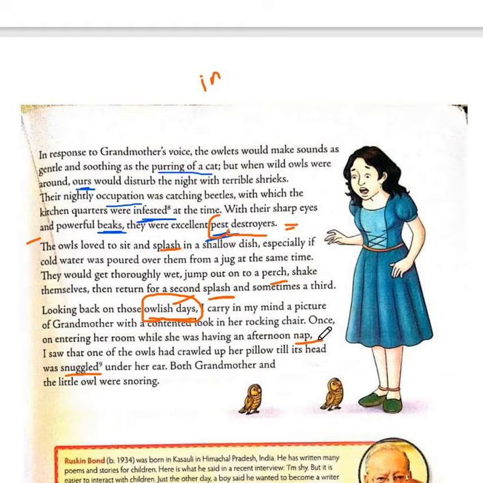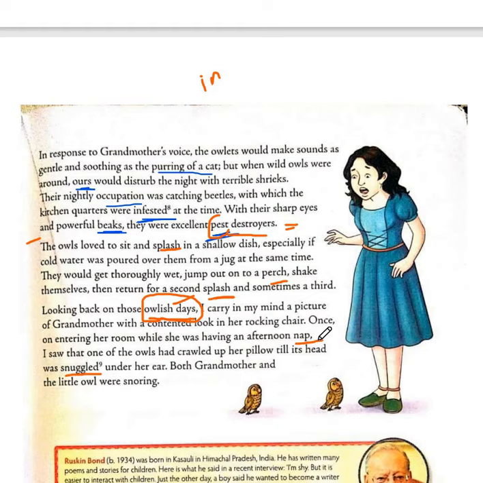Snuggled here means the owlet used to keep its beak, or its bill, under the ear of grandmother, in the pillow where grandmother was sleeping. The owlet will go in that pillow and keep its beak under the ear of grandmother.